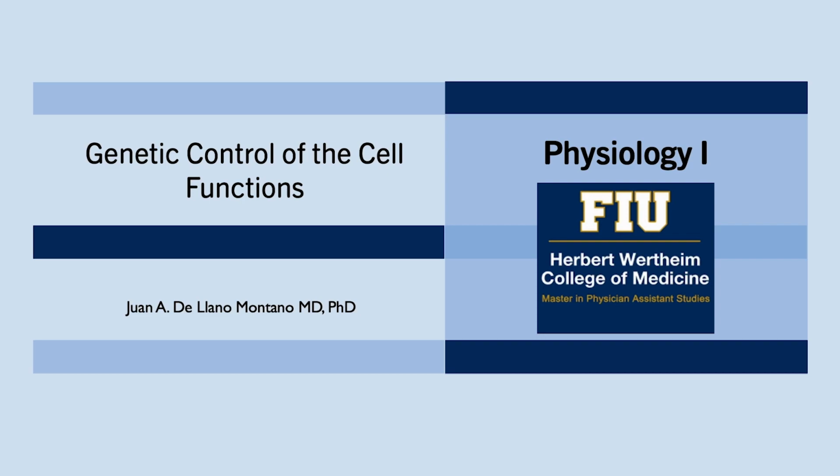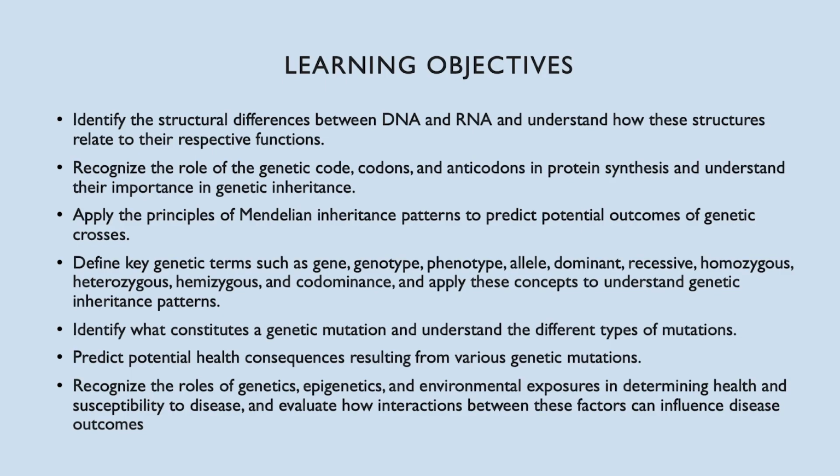We are going to be covering today some important concepts that have to do with the genetic control of the cell functions. Let's proceed to take a look at the learning objectives that we have for today.